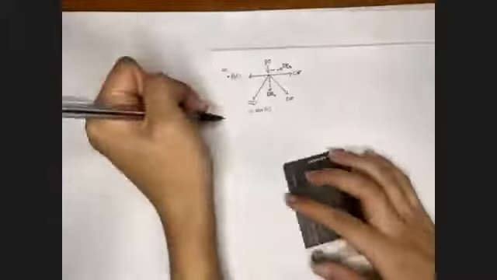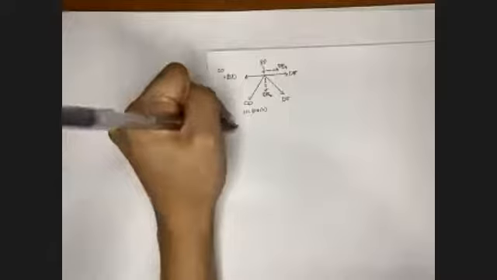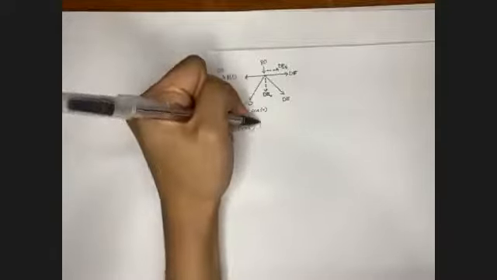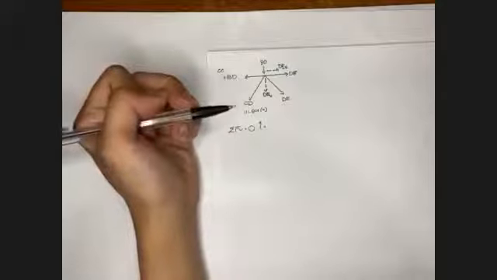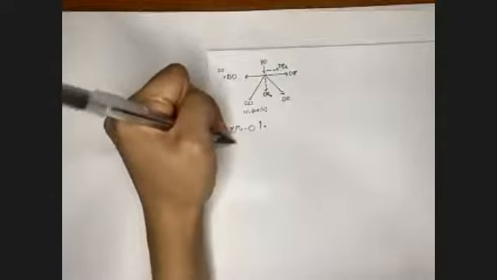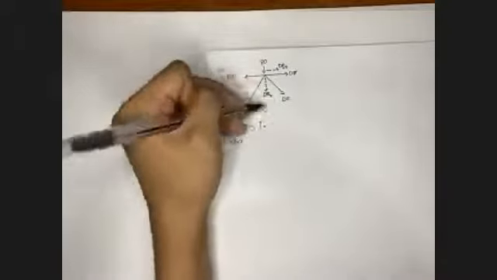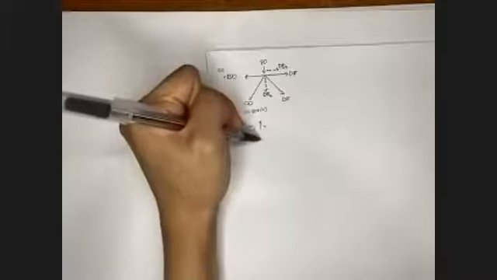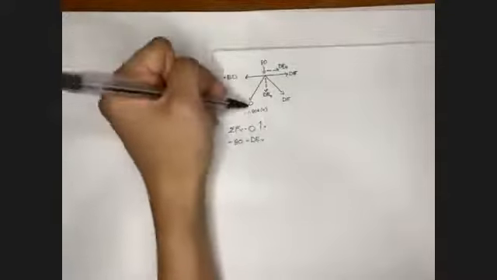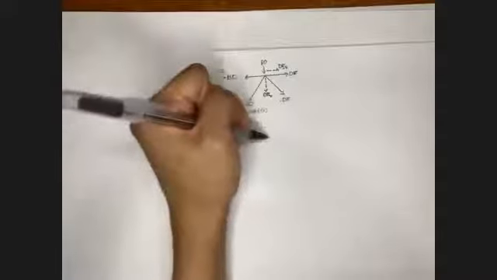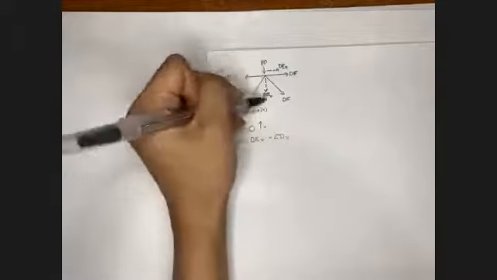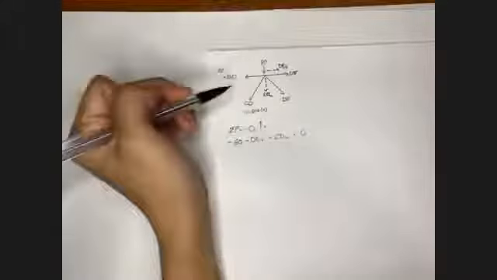Okay? So unahin ulit natin, summating forces vertical, we have sum of forces vertical equal to 0, assuming that upwards is positive. So we have downwards of 80, that's negative 80, and downwards na DE, so minus DE vertical. And then we also have CD downwards, so that is negative CD vertical equal to 0.